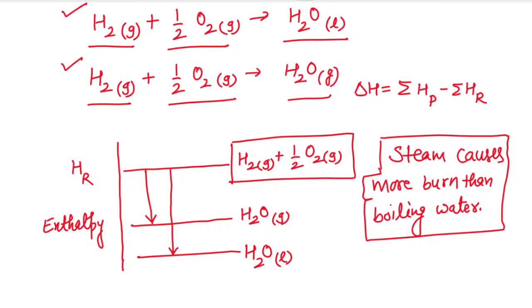So when liquid is formed, delta H is minus 286 kilojoule, and when gas is formed, delta H is minus 242 kilojoule. Got it? So this part is also very, very important. We should see in which state the product is formed.